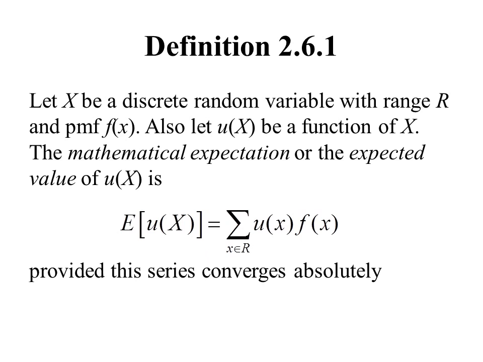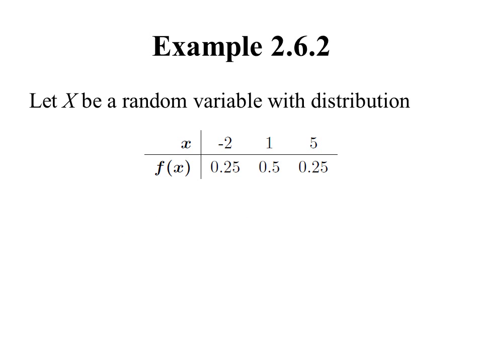And again, we have this qualifier that it has to converge absolutely, which we won't worry about. So that's the whole idea there. We have this function. We take every value of the function times the associated probability, add them up, and we're all done. So let's illustrate this with an example.